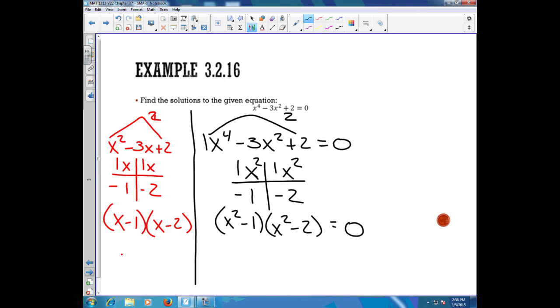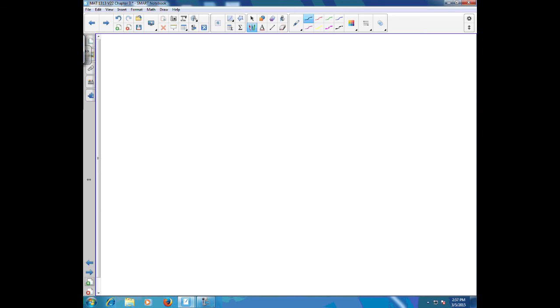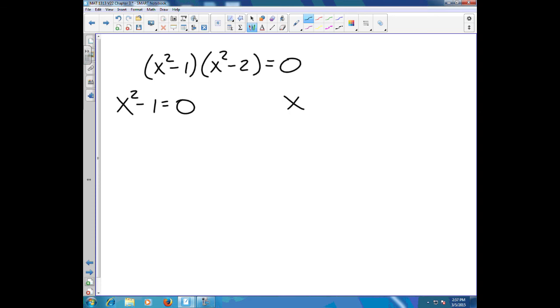Now, although these factors aren't linear, we can still set them equal to 0 and solve. But we're going to have to use the square root property. We've got x squared minus 1, x squared minus 2 equal to 0. We're going to take each piece and set it equal to 0 separately.